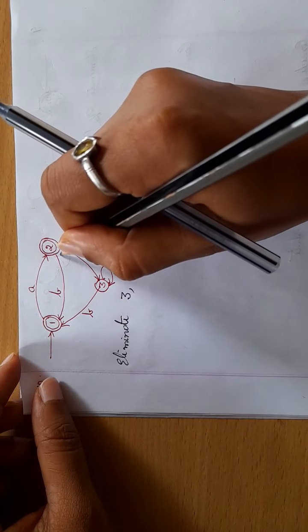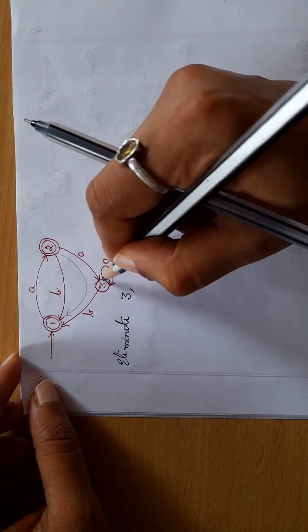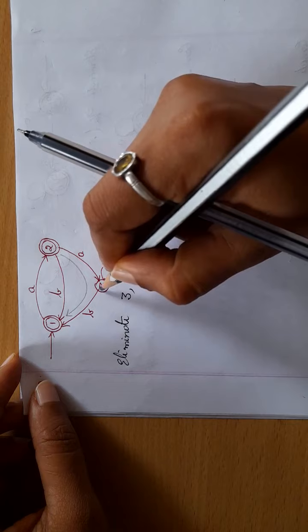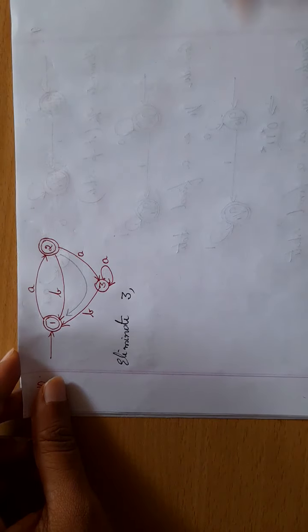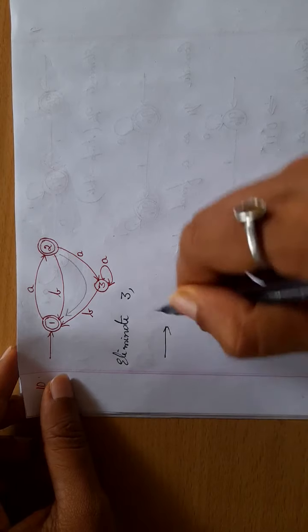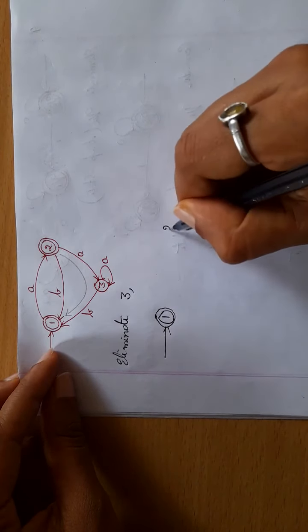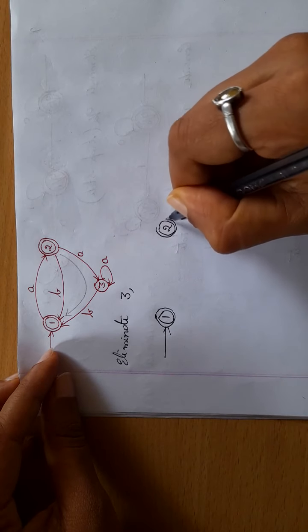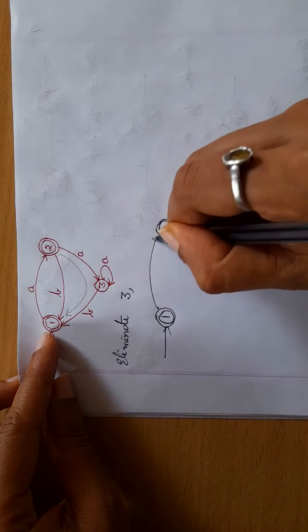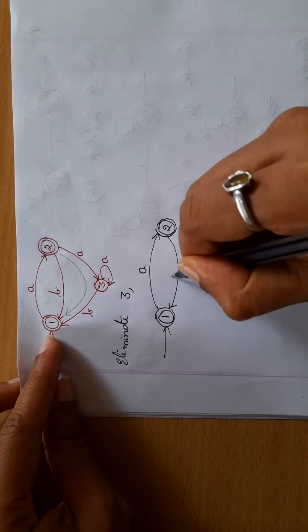When I eliminate intermediate node 3, what happens? I have a path like this, that is A star and then B. So I have 1 and then 2, with A, and this B remains as it is.